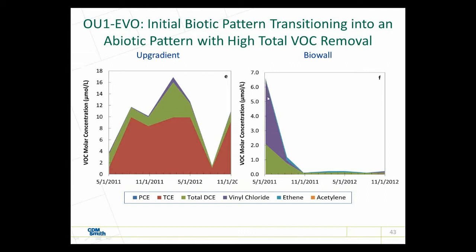We saw that we were having a lot of vinyl chloride here and some cis-dichloroethene, but eventually it was reduced down to well below 1 micromole per liter, so a significant biogeochemical transformation pattern where we're removing these VOCs and not seeing any daughter products. So this was without the iron amendment, just the organics being added.